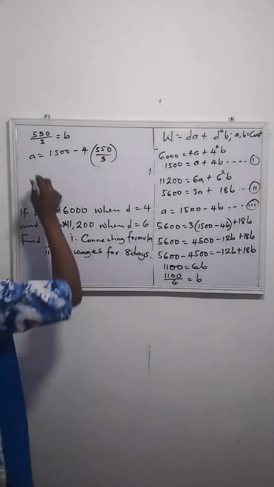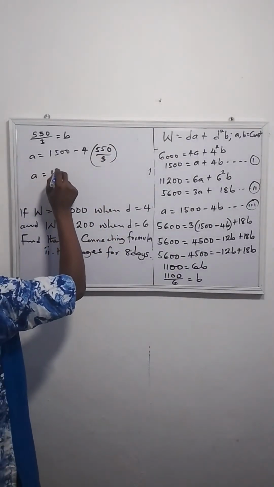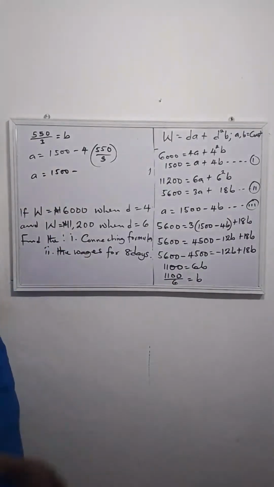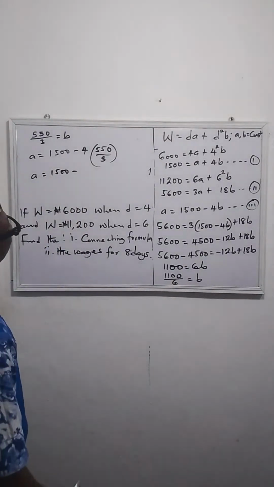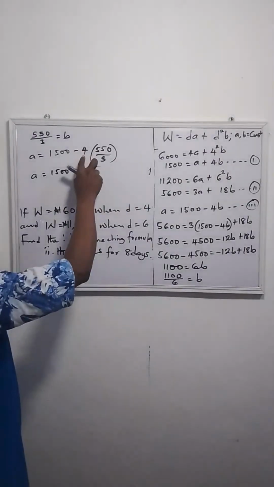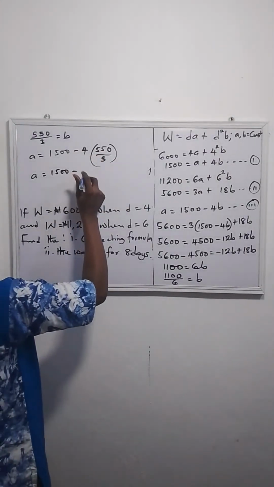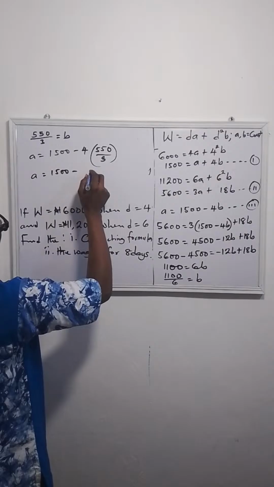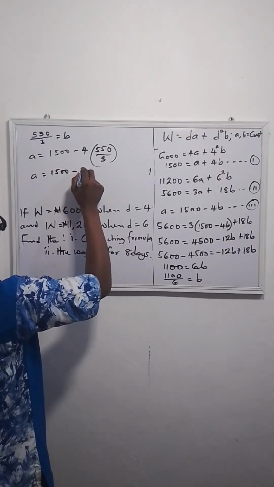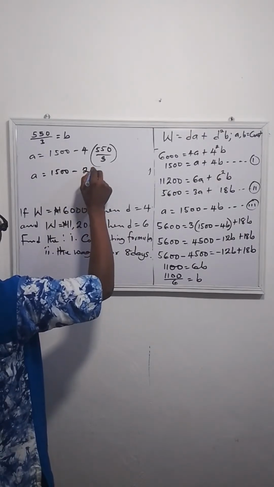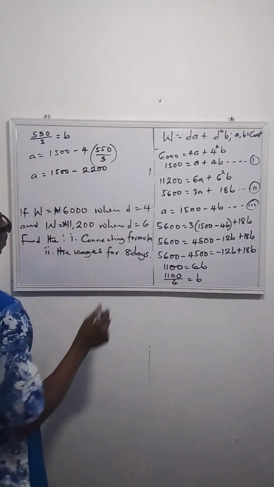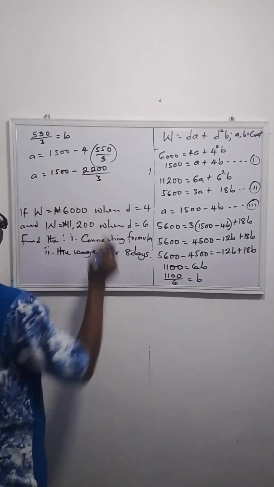Okay, so we have A equals 1500 minus, so let's see, we multiply this by 4, that gives us minus 2200 over 3. So that's what we have.